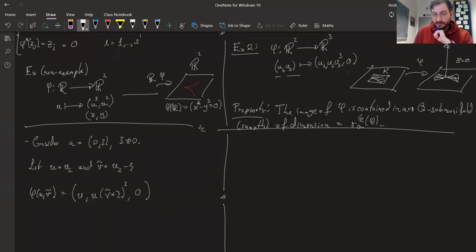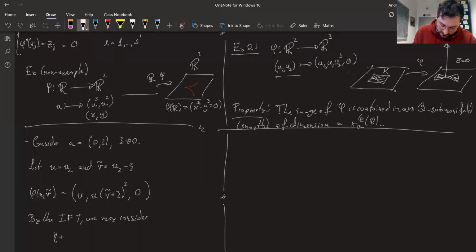But I can still make this a little bit better. This is not the best form that I can do, because by the implicit function theorem, we may consider, let's say, okay, this is a bit annoying, but I'm going to write this.